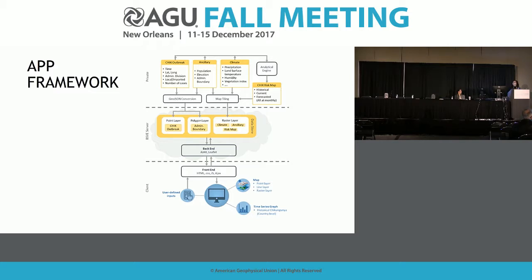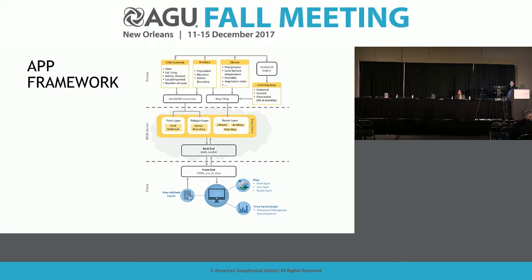So this is just an overview of the app. We have our chikungunya outbreak data and ancillary data such as population and elevation, and then we also have climate data. We have our analytical engine, and this is where we develop our risk model to produce the risk map.